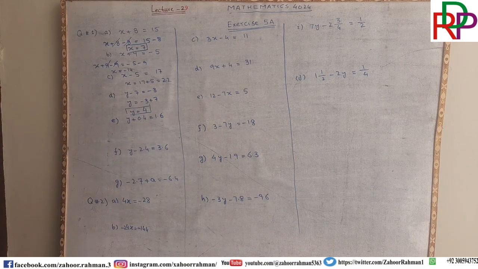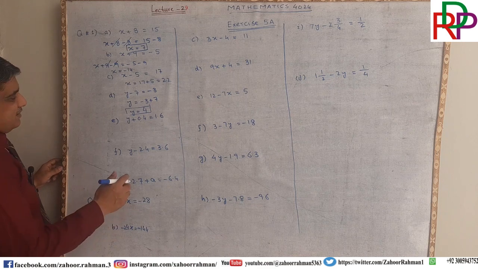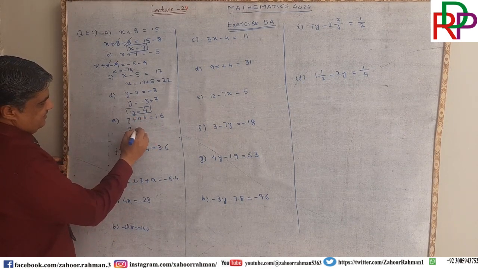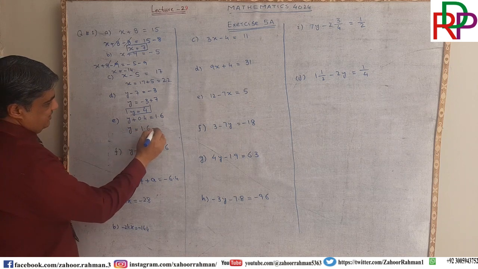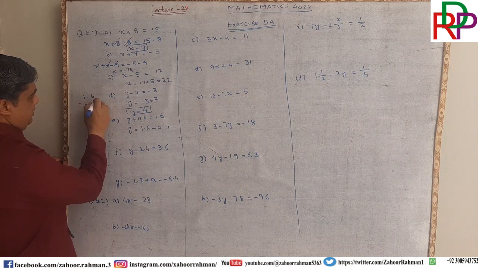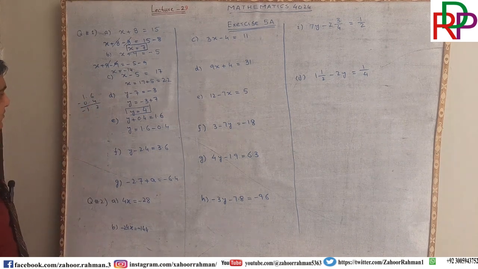Now in this portion only decimals are there, nothing special. 1.6 minus 0.4, 1.6 minus 0.4, so it gives 1.2 with negative.